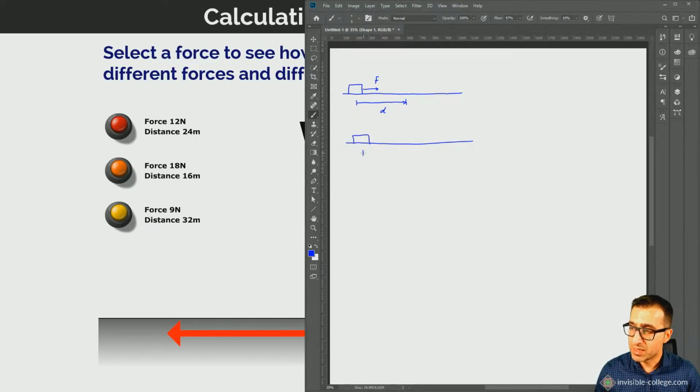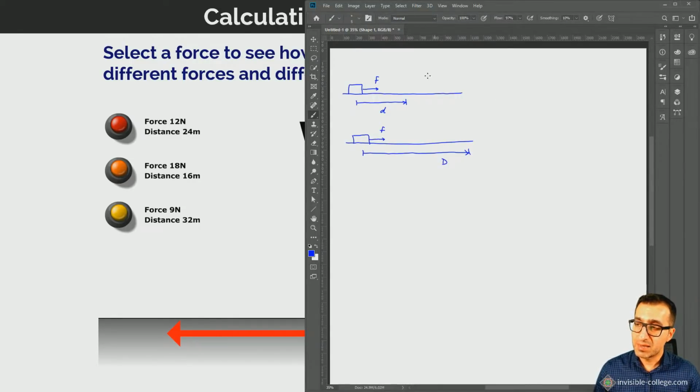So rather than just moving it this short distance, let's say you applied that same force and you moved it a much greater distance. Let's call this capital D. And again, you're moving it with the same amount of force that you were using before. So this situation involves a greater expenditure of energy on your part than the situation before it. So we can see instinctively that there's more work involved here than here.